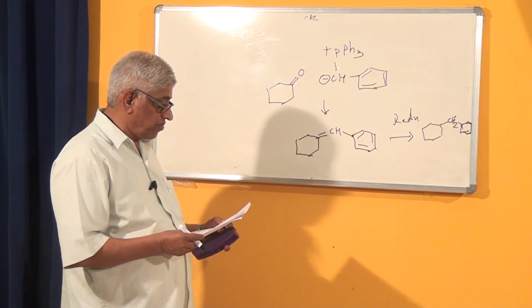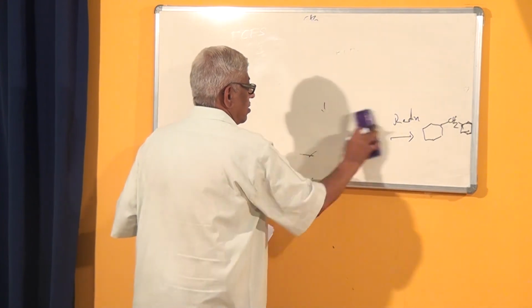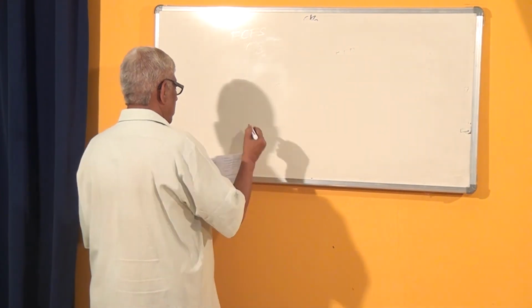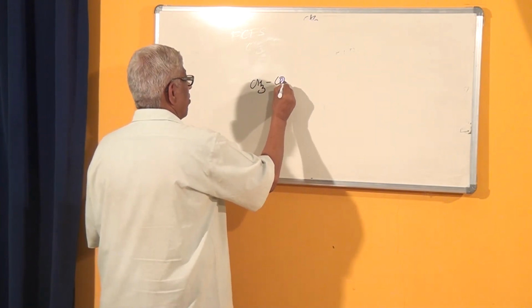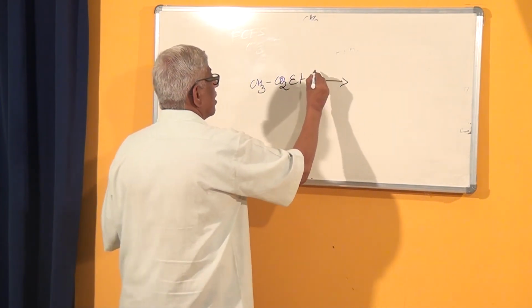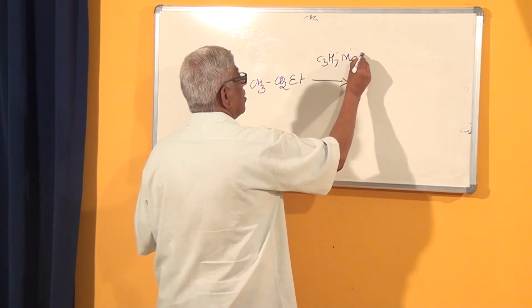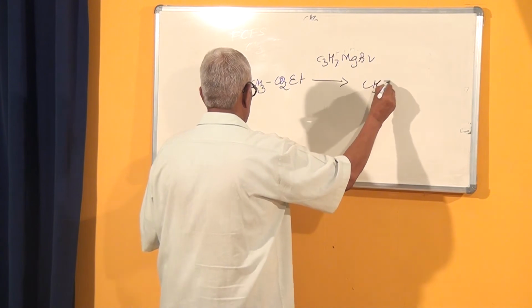So you can think of examples of how to build up different carbon skeletons. These will be exercises for you to do. You have an ester, CO2Et, and then treat with C3H7MgBr.